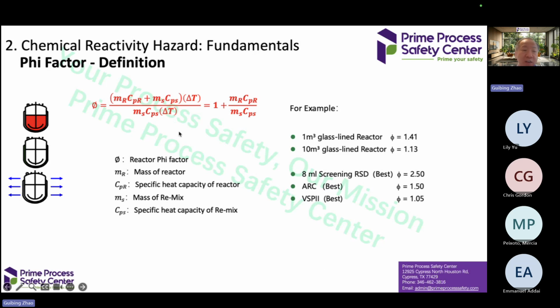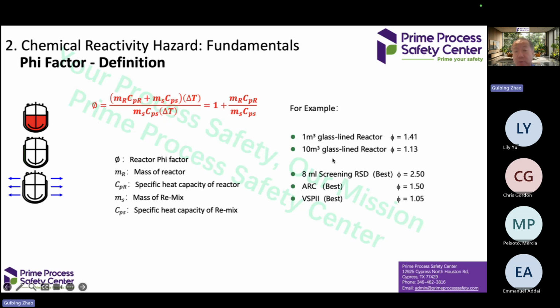So basically, the phi factor tells us for an exothermic reaction how much of the total energy release goes to the test reactor itself, and how much energy goes to the chemical itself. This is the definition: the heat capacity of the total reactor and chemical divided by the chemical heat capacity.